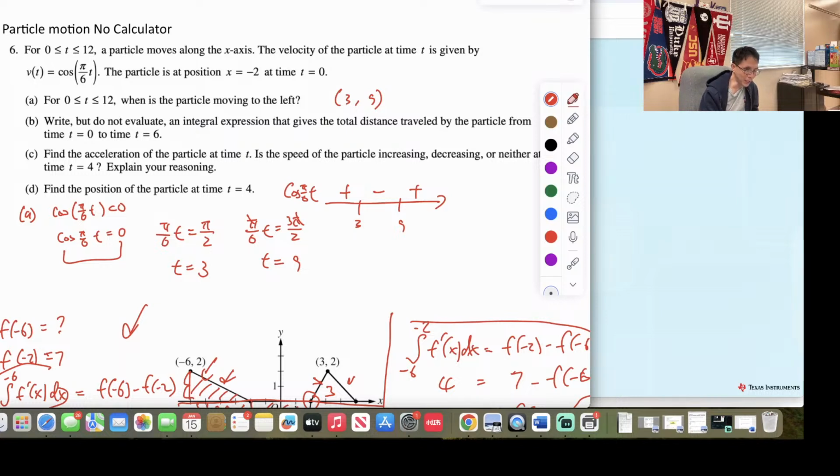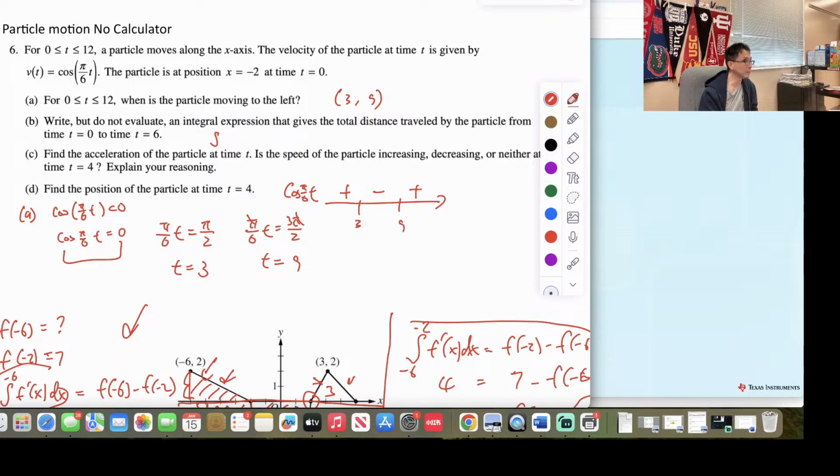They say do not evaluate integrations on a given total distance. Do you include -2 for the initial position? No, because you are talking about the particle moving. It has nothing to do with initial conditions. It starts at -2, but it's still moving left and right based on whatever the velocity equation is.